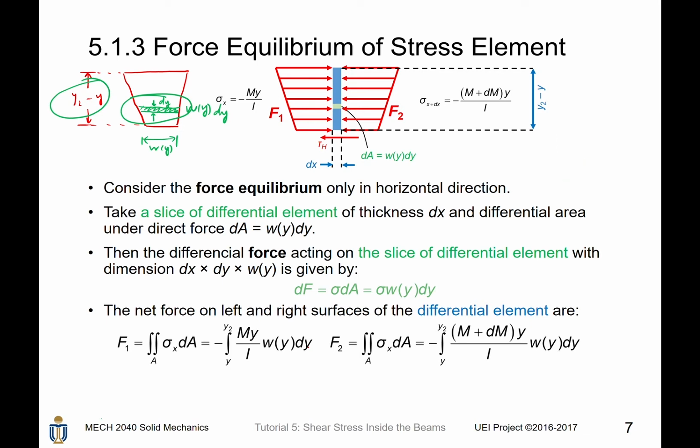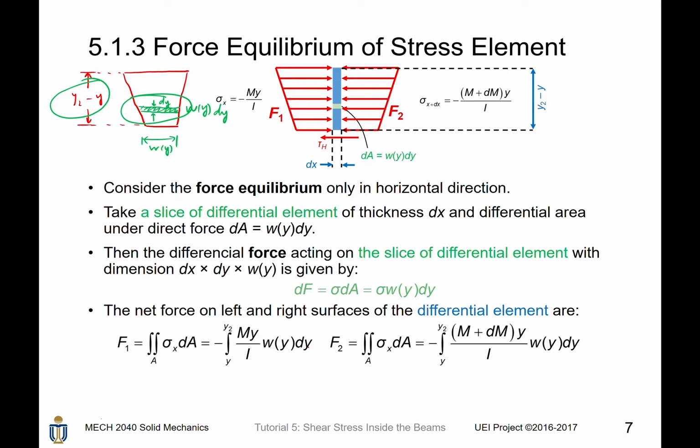So in such case, the direct stress on the left hand side may be different from that on the right hand side. Therefore, the variation of direct stress on left hand side and right hand side would cause force imbalance. That is, we must add another force to keep it in equilibrium.